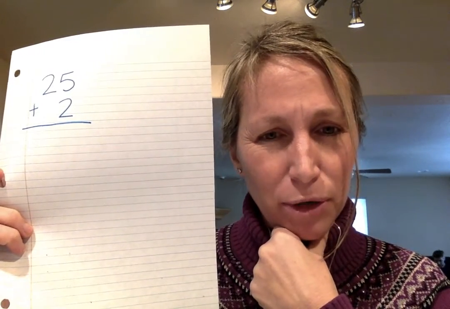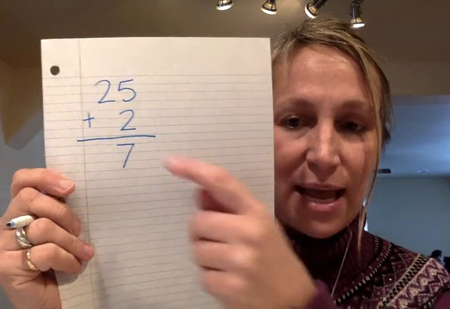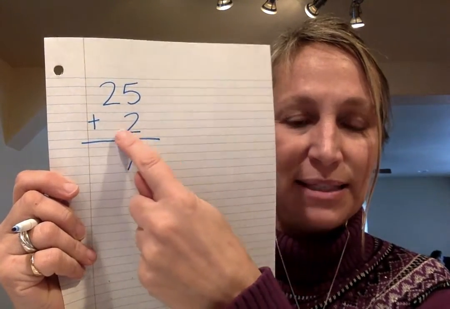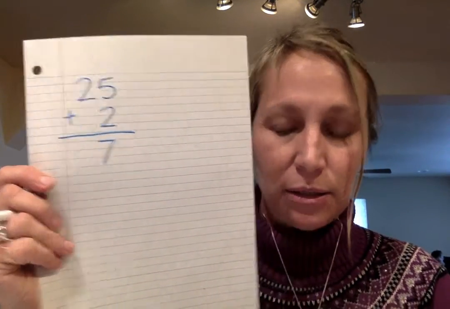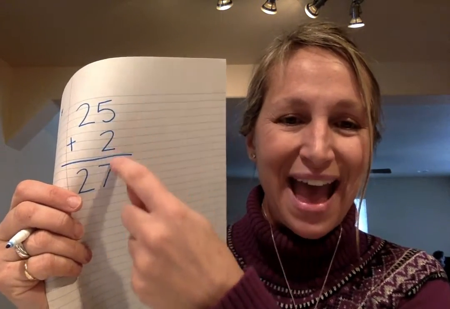Do I need to regroup if I get a 7? I don't need to regroup. I would just simply put a 7 like you did the other day. Then 2 plus nothing would be 2. Okay, so you have to make sure that the ones column adds to 10 or greater before regrouping.